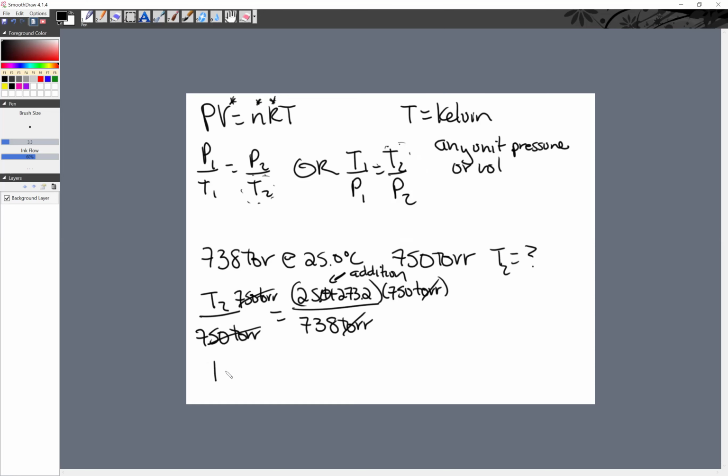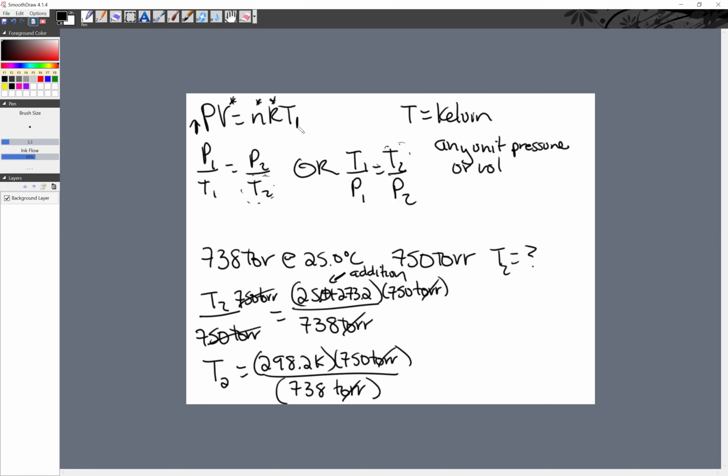All right, so T2 is equal to 298.2 Kelvin times 750 torr divided by 738 torr. And before I do the calculation, I'm going to ask myself, if I increase the pressure, what am I expecting the temperature to do?